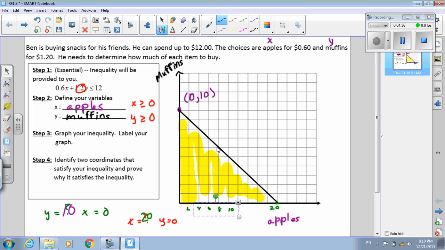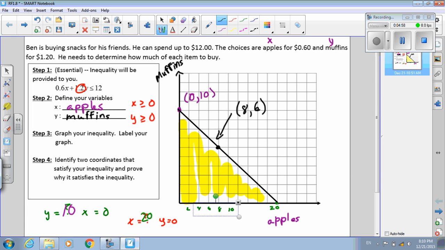And let's say he wants a variety. So let's say this point here. That point would be 8 on the x value, so 8 apples, and that would be 1, 2, 3, 4, 5, 6 muffins. Good variety there, good mix.